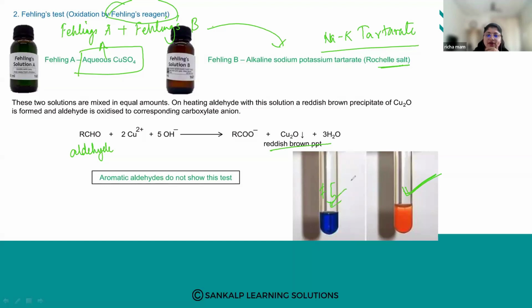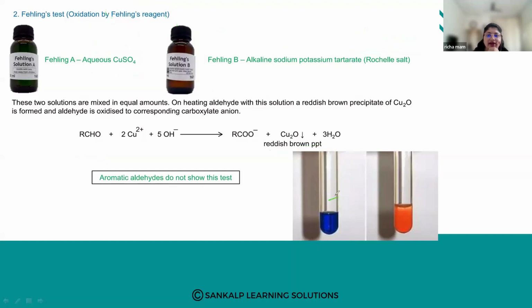To this, when you add an aldehyde, it becomes a reddish brown precipitate. So Fehling's solution is blue in color, and when you add aldehyde to this, you get a reddish brown precipitate. Fine, so this is your Fehling's test.